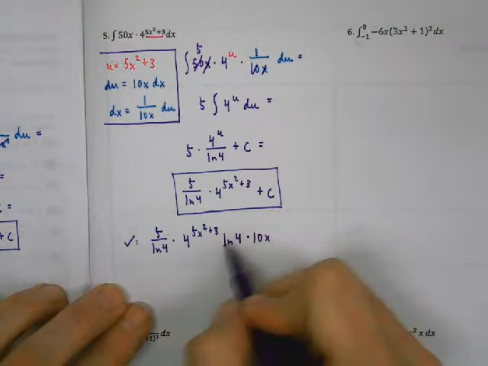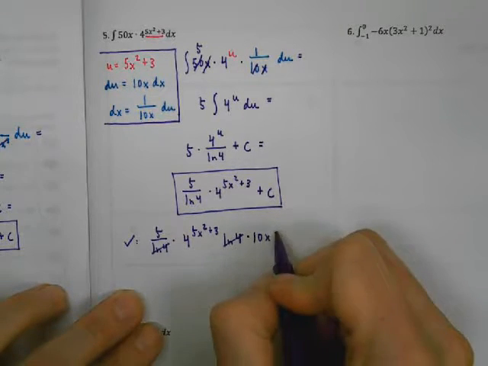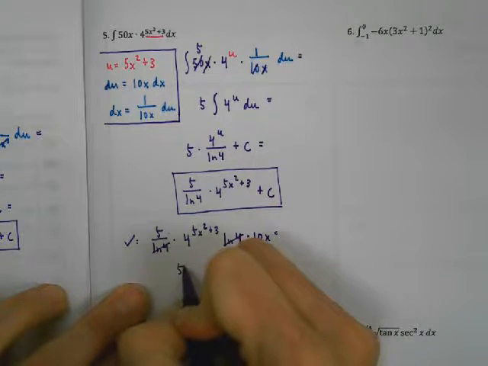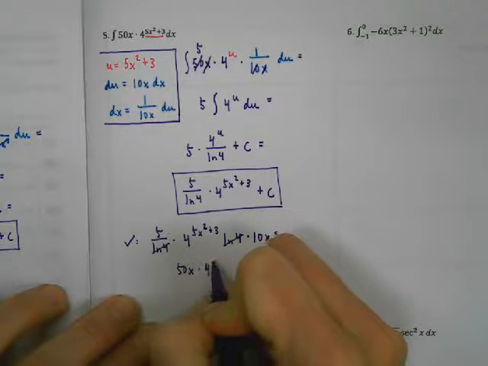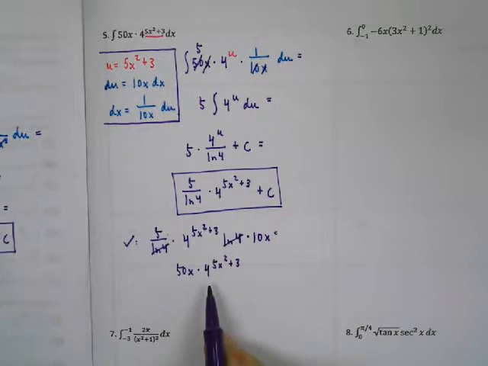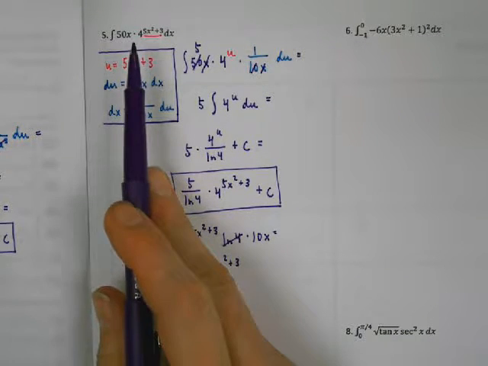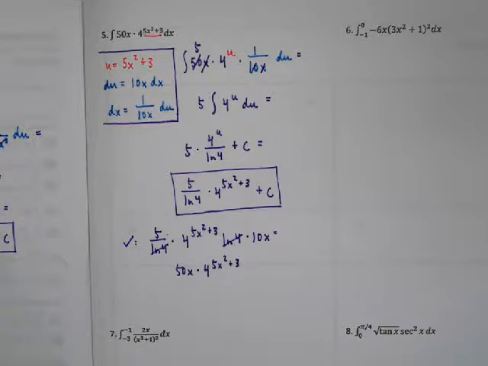So if I were to simplify it, my natural log of 4's cancel out. I have 5 times 10x is going to give me 50x times 4 to the 5x squared plus 3. And again, since this function matches what was in my integral up here, I know I've done it correctly.